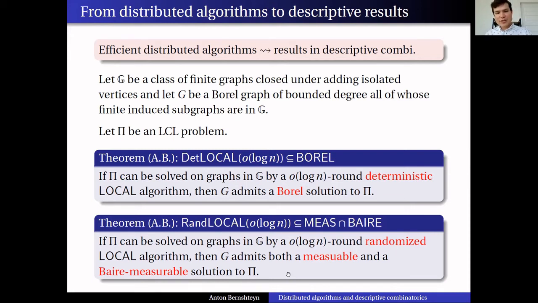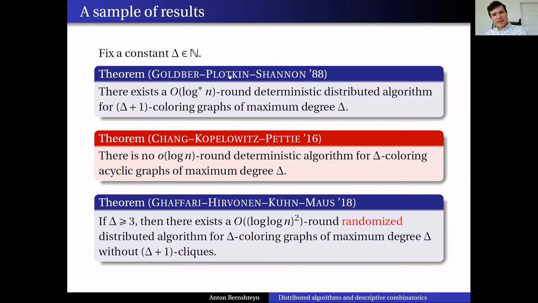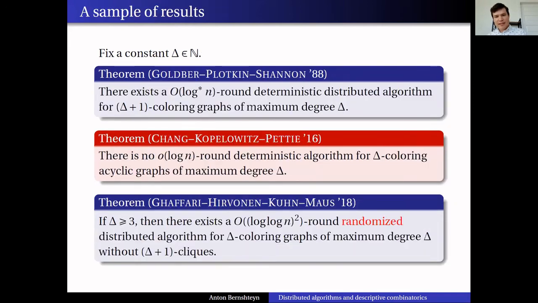Okay, and so this explains at least some directions between these two slides, right? You see here, we know that there is a big O of log star n round deterministic algorithm for delta plus 1 coloring graphs of max degree delta. This implies that the Borel chromatic number of a Borel graph of maximum degree delta is at most delta plus 1. So this algorithm here implies this Borel result. And similarly, this randomized algorithm here again runs in little o of log n rounds.